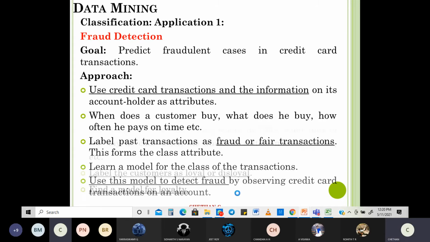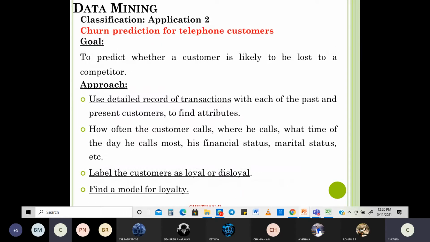Then the next one, application 2. What's the next application? Churn prediction for telephone customers. Probably an application which marketing people will do. They predict whether a customer is likely to be lost to a competitor, people who want to switch from one telephone operator to another.